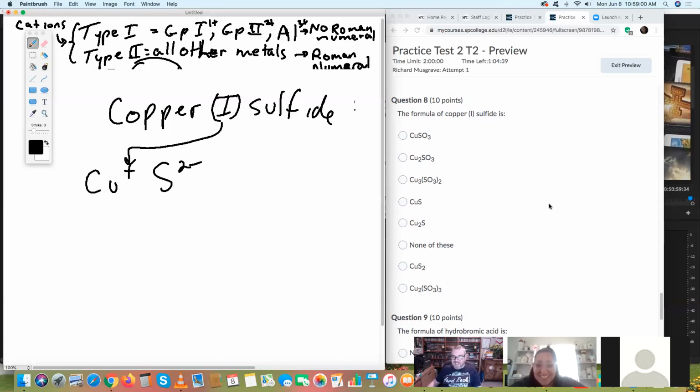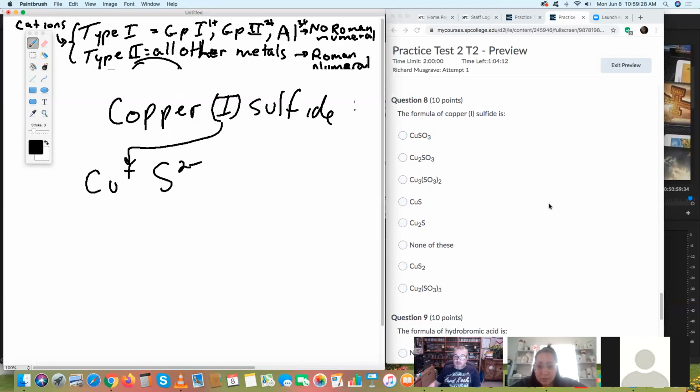Yes, that's right. If you don't know that copper is Cu, you'll figure it out pretty quick. And then you know it's 1 because it says 1. And then sulfide, you could just look for S, which is here, 2-.